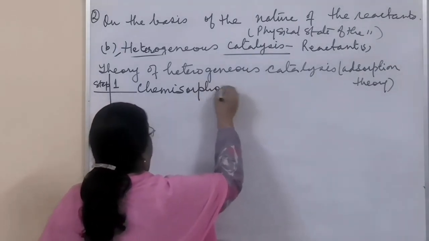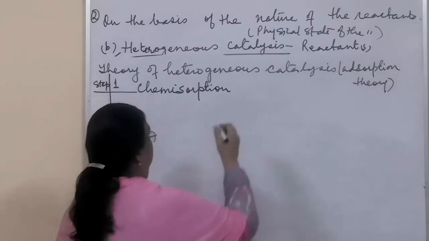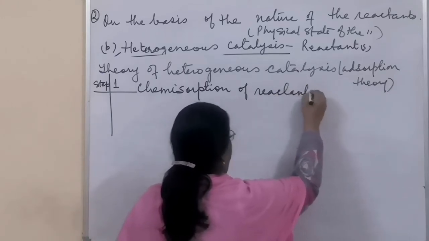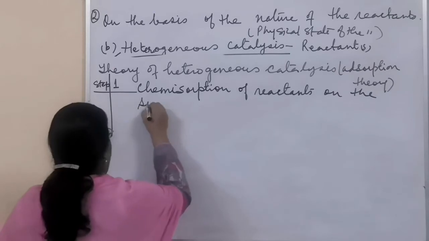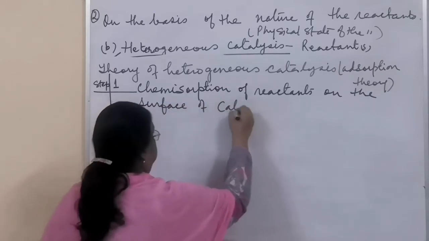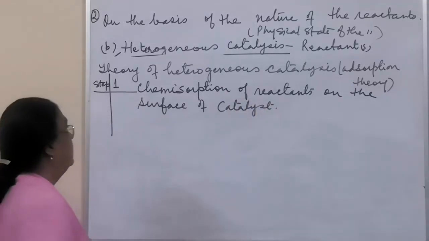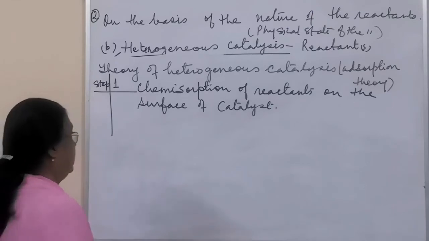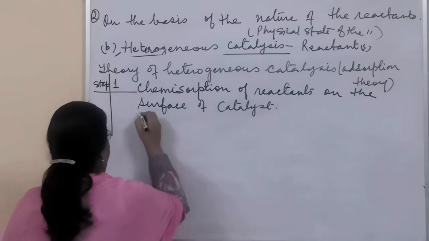Chemisorption of reactants on the surface of the catalyst. The catalyst is in the solid state and the reactant is in the gaseous state. We have studied this in the previous class. So in this, what is happening?